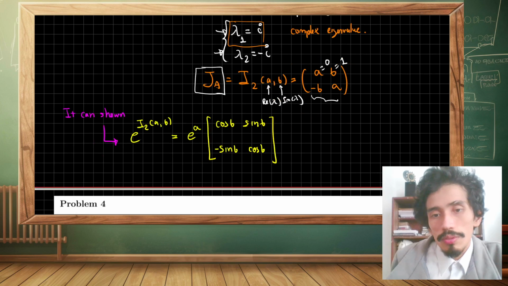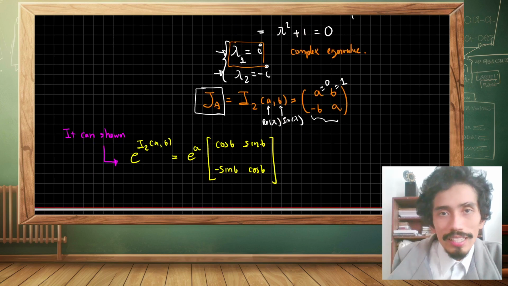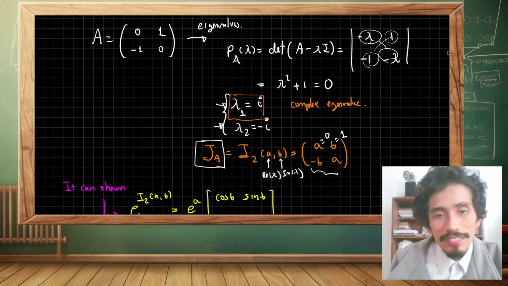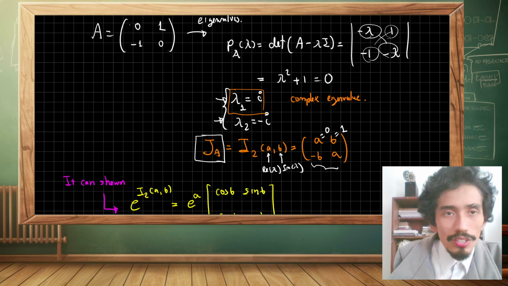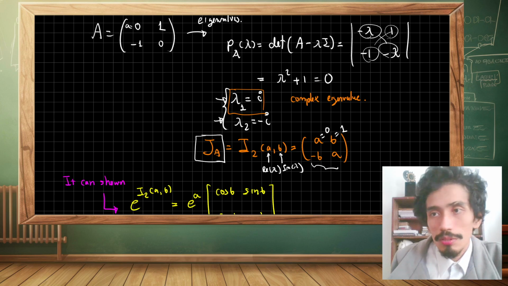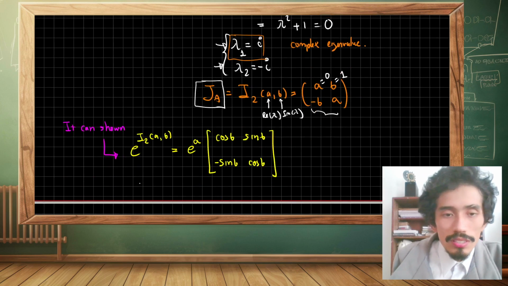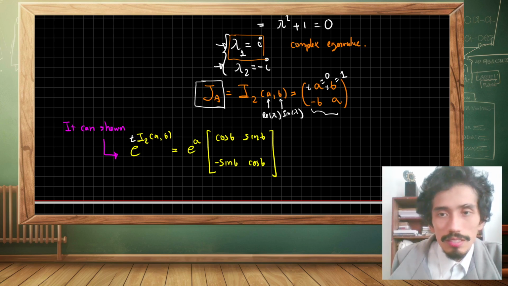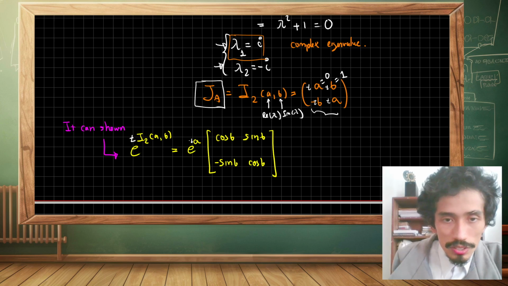So what we need to do is to replace the values that we have here. So a is equal to 0 and b is equal to 1. We can multiply this by t, and you can see that it will be t in every entry.